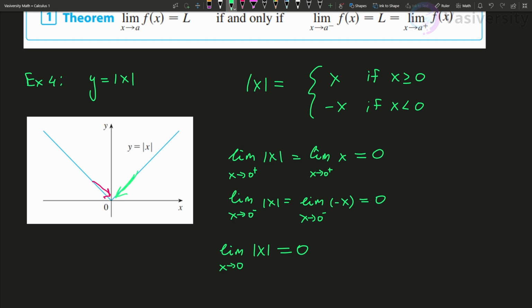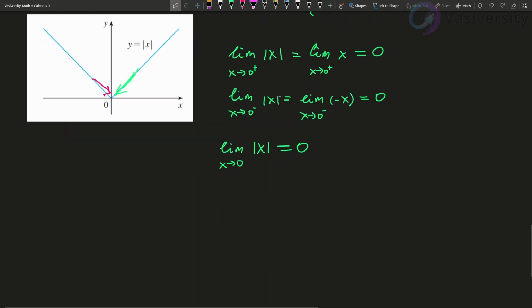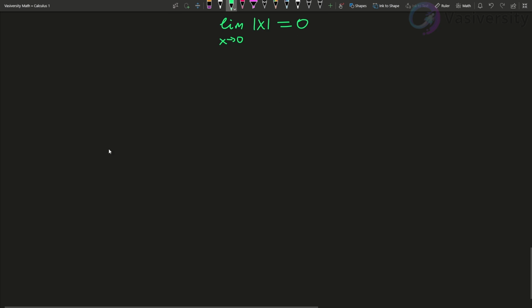Okay. Meanwhile, sometimes the limits are not going to agree. Let's take a look at the next example. So example 5. Let's say we want to compute the limit as x approaches 0 of the absolute value of x over x. If we graph that, we will have the following picture.